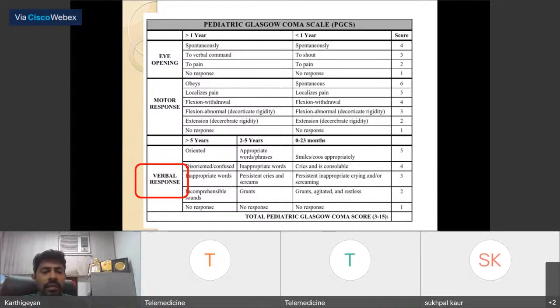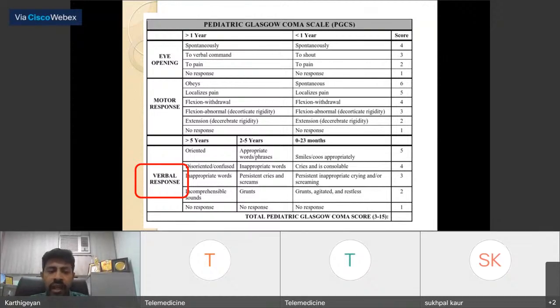As you can understand, in young children it's difficult to examine orientation to time, place, and person. So this is replaced by certain aspects, like whether the child can smile, coo or babble, which is appropriate for his or her age. That is given a score of 5, which is normal.